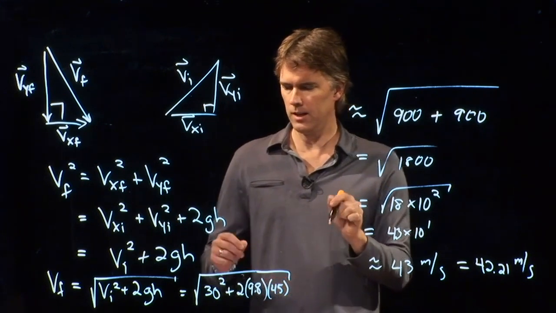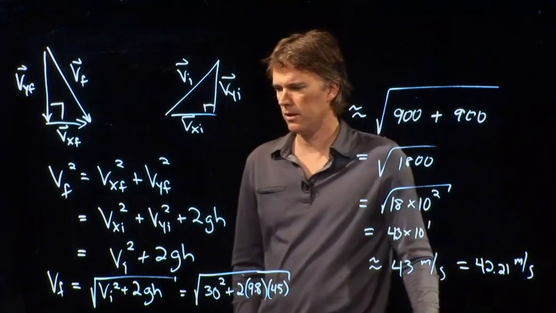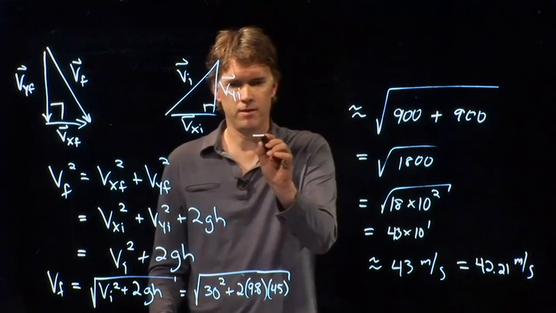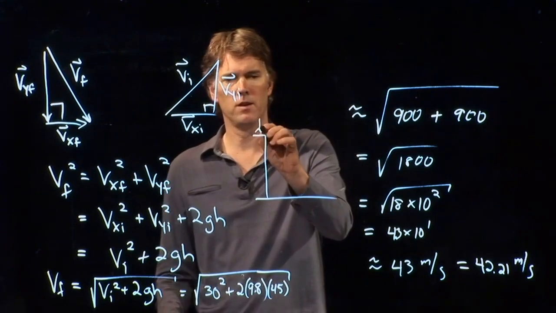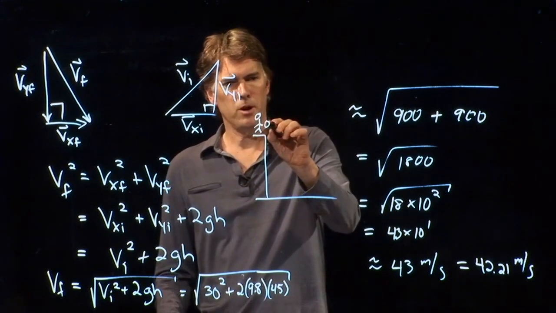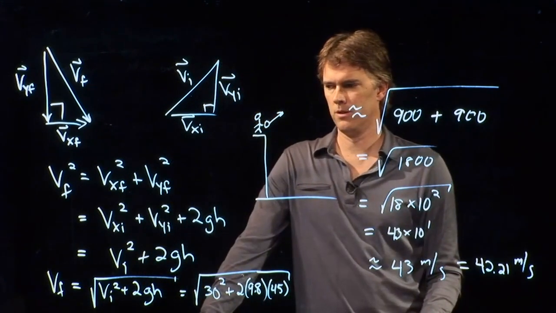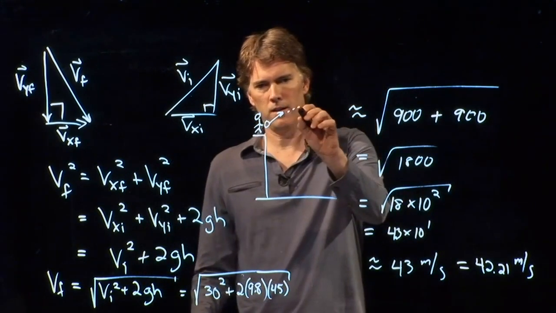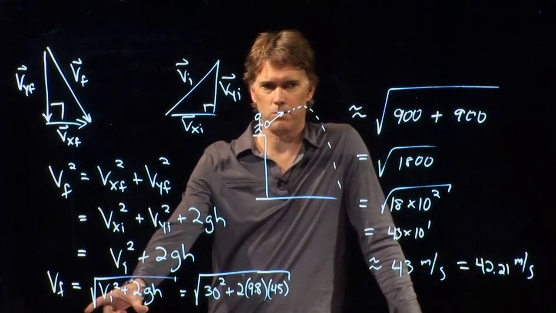Now, let's think about this for a second, and let's go back to this equation, right? We have Vf equals the square root of Vi squared plus 2gh. But remember in our picture, we actually launched this thing upward. And yet, we don't have any measure in here of how high it actually went.